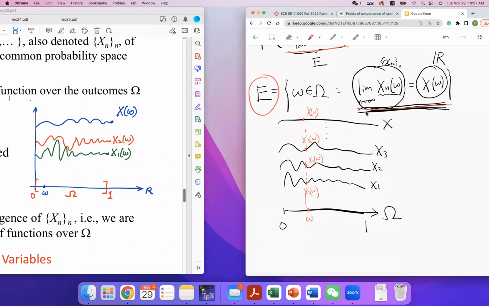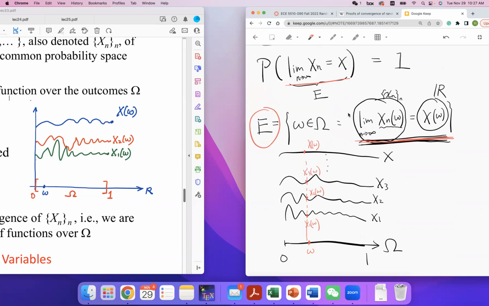So in the end, it is defined by the convergence of a sequence of real numbers. We collect all such outcomes into this set E.